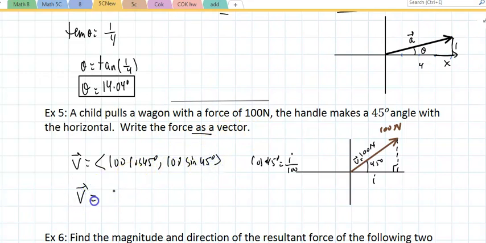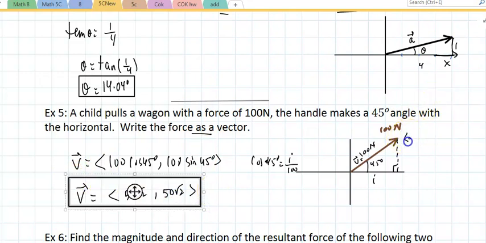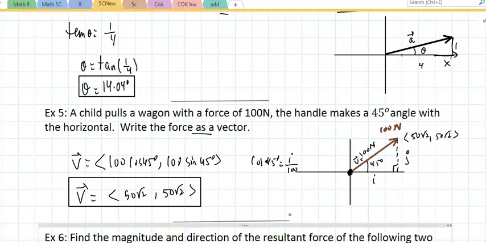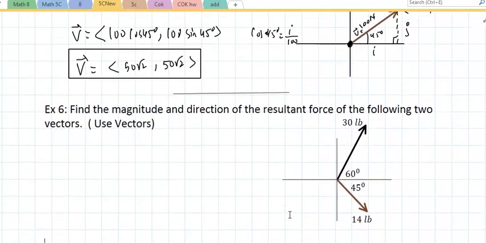So I could write that vector as, and this is radical 2 over 2, so this is 50 radical 2, 50 radical 2. Something that you have to do all throughout. But that means you're feeling a force in the i component of 50 radical 2, and the j component 50 radical 2. That's how much pressure is applied in the i and the j component.